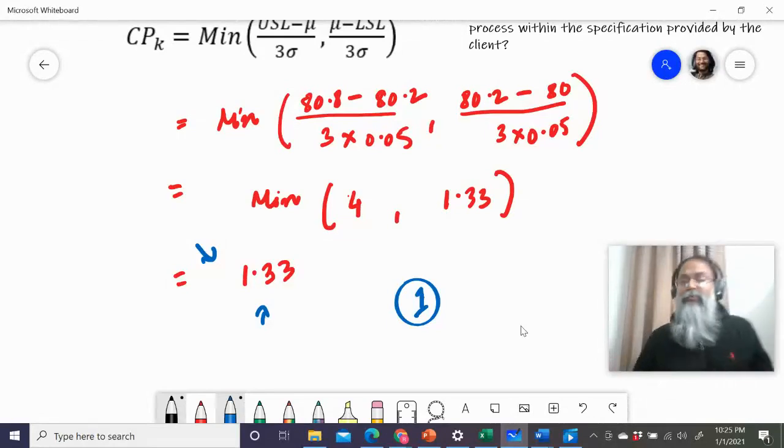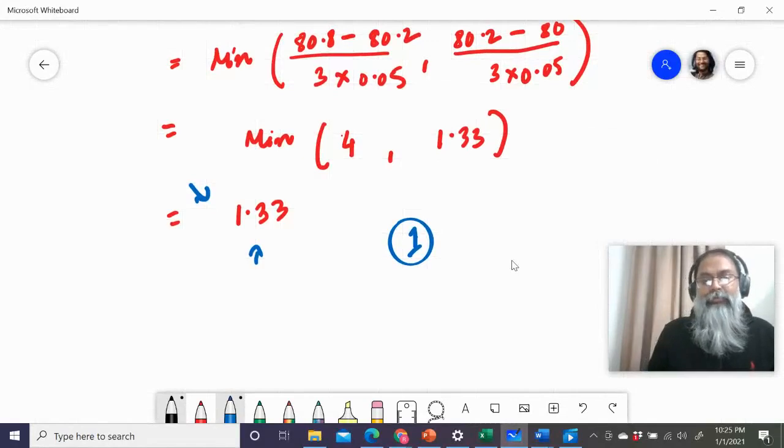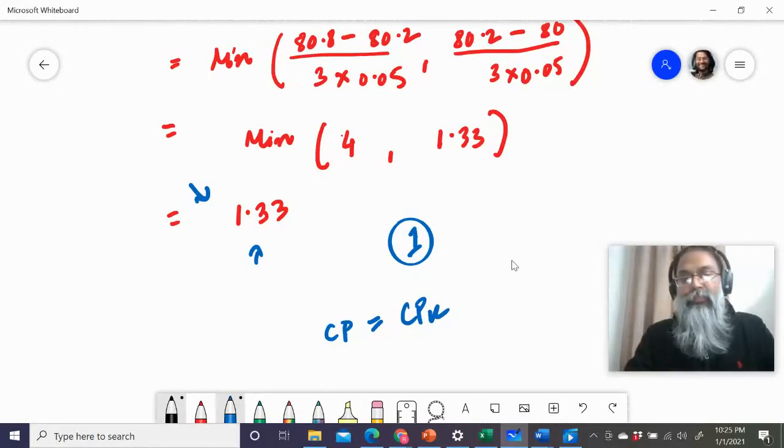How do you know whether the process is centered or not? In this case, what you have to look into is whether the CP value is equal to CPK. In either case, if both the numbers are the same, from that we can conclude the process is centered.